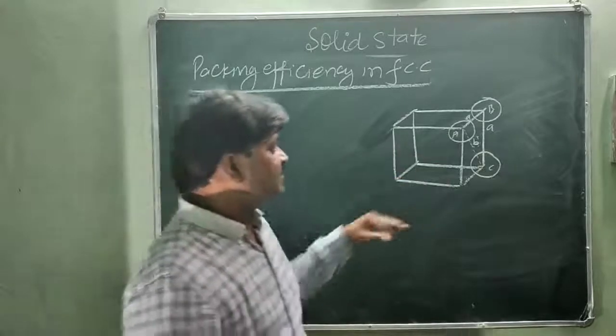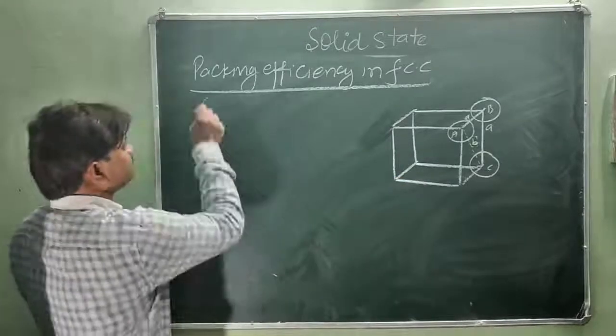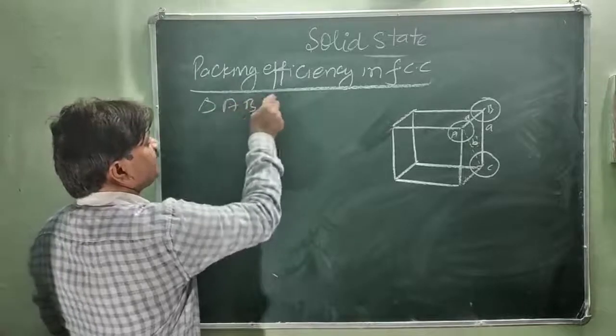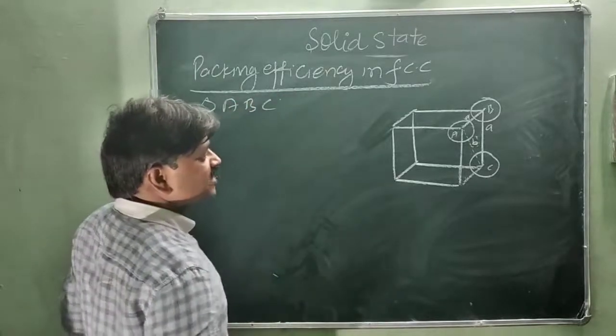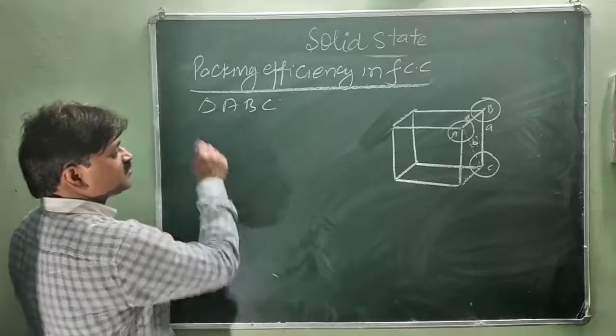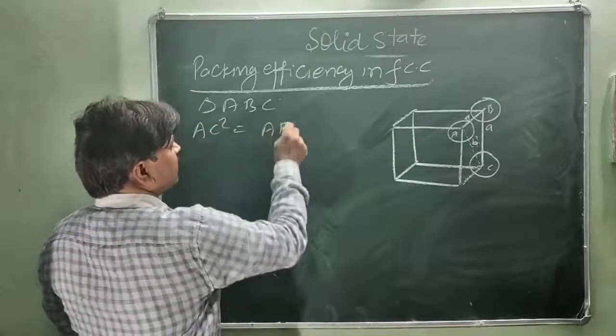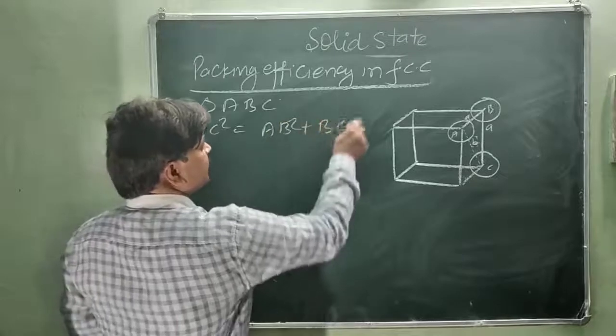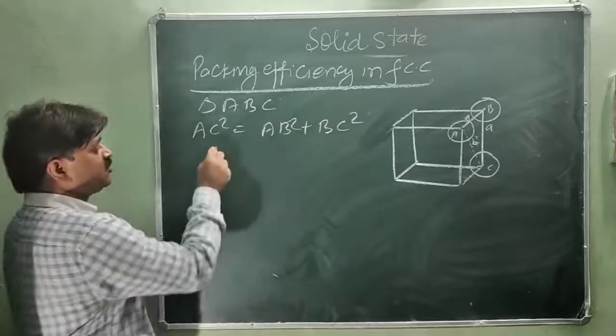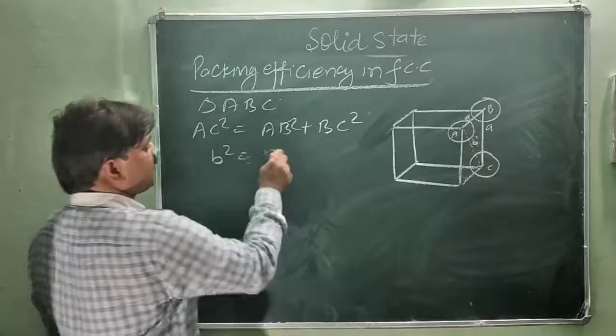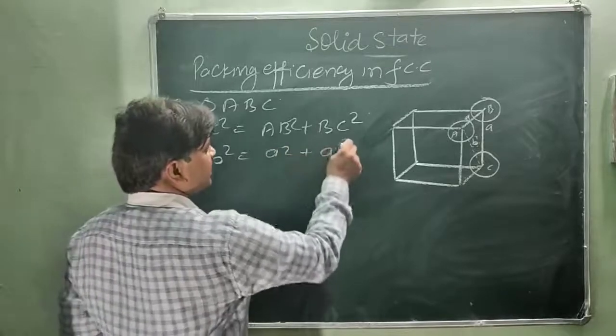In triangle ABC, AC square is equal to AB square plus BC square. So AC square, which is B square, is equal to A square plus A square.